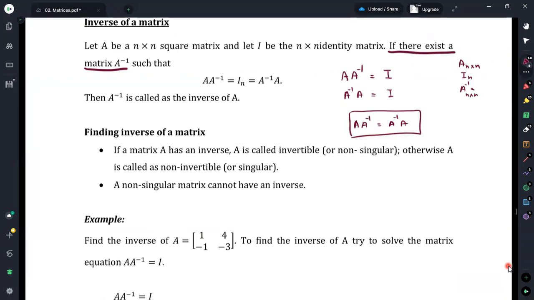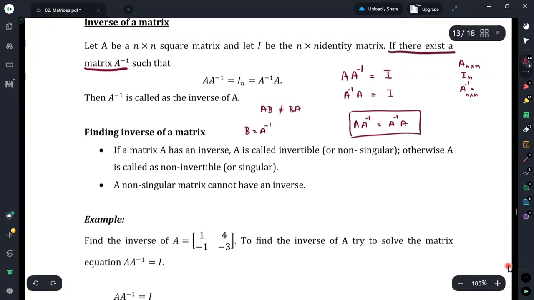But when you consider matrix multiplication, I told you that in general, AB does not equal BA. I have mentioned this in previous sessions. For matrix multiplication, in general, we are not getting AB equals BA. But if you define B as the inverse of the matrix, then this equality exists.